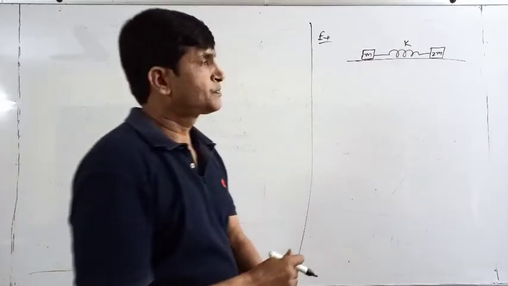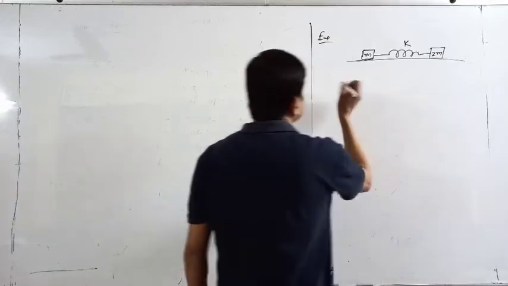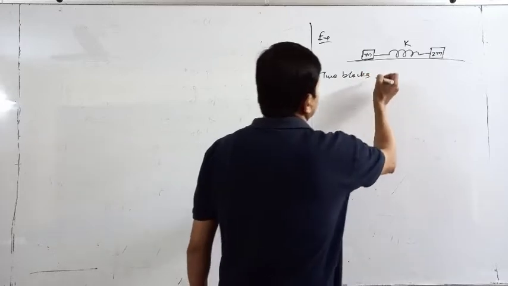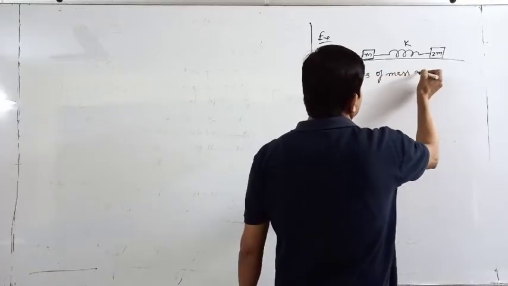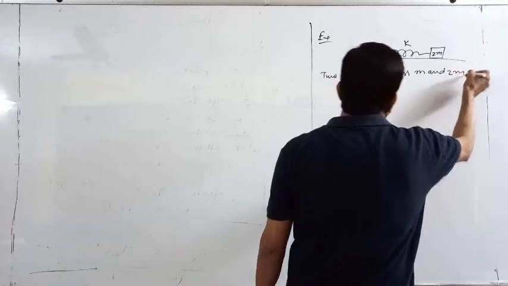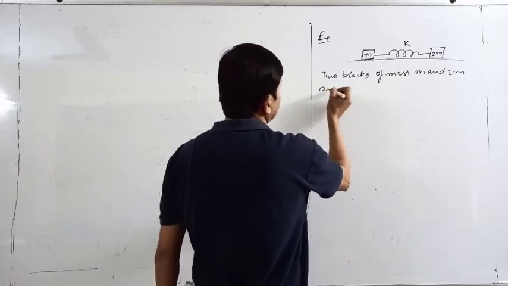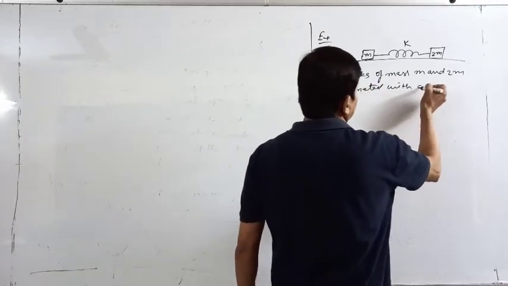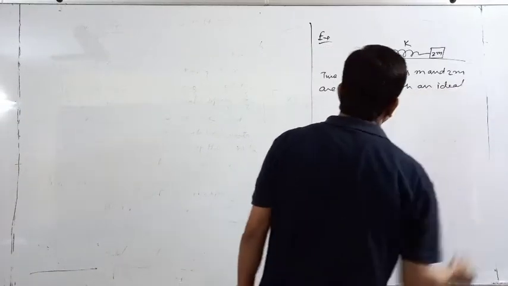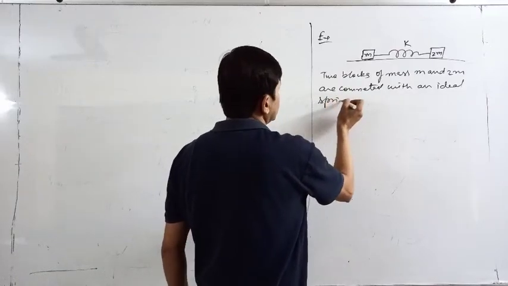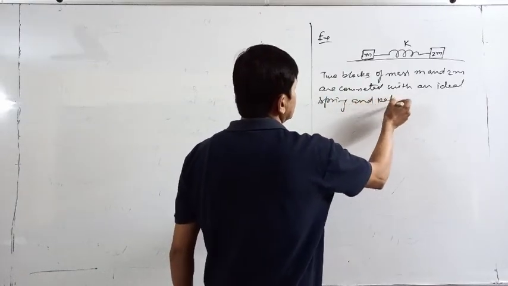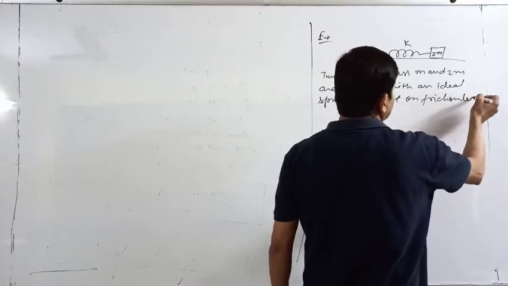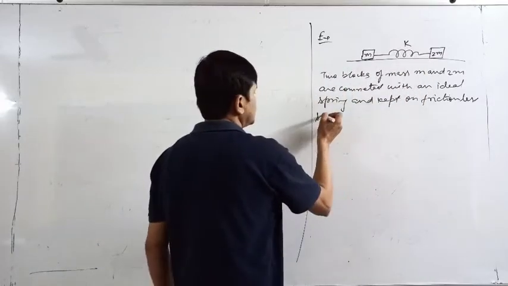Okay, here two blocks of mass m and 2m are connected with an ideal spring and kept on a frictionless surface.